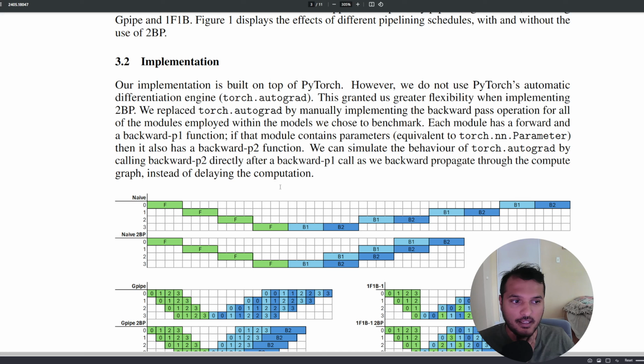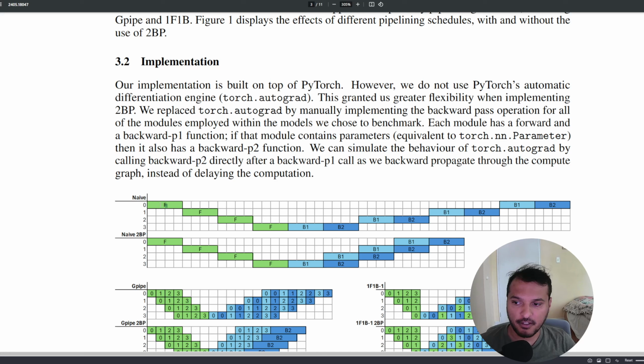If you know what pipeline parallelism is, in pipeline parallelism, your model is split over multiple GPUs. That means, let's say you have 4 GPUs and your model has 4 layers, you can split your model into 4 parts and give each GPU a layer.